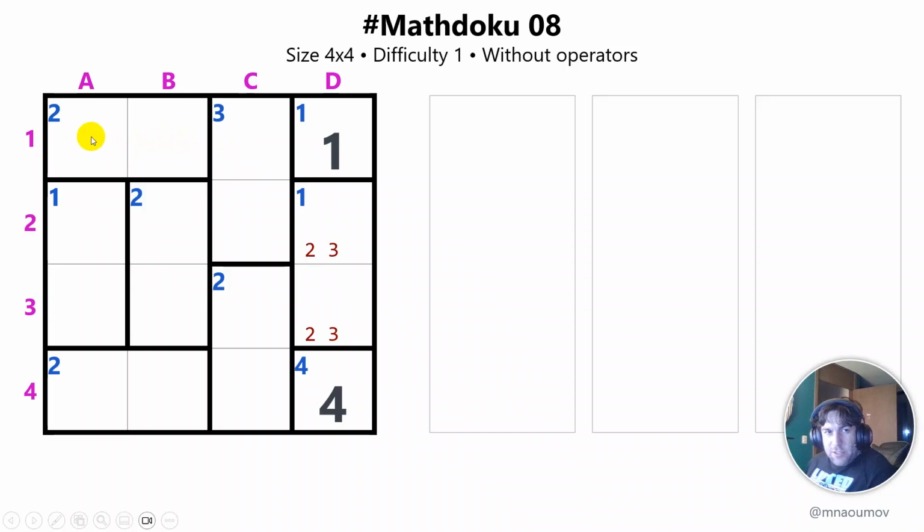The only operations with numbers 2, 3 and 4 that give 2 can be only 4 minus 2 or 4 divided by 2. But then we deduce that in cage A1 are numbers 2 and 4, and therefore in cell C1 will be the number 3.